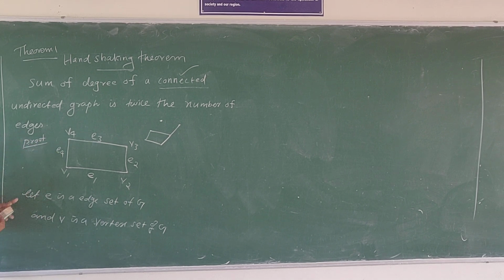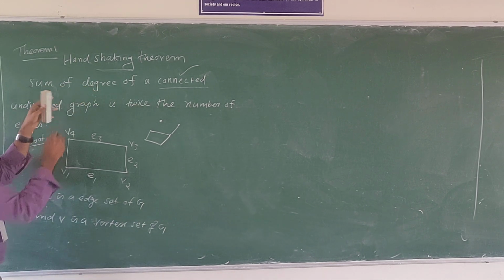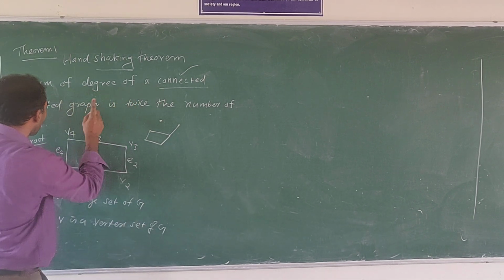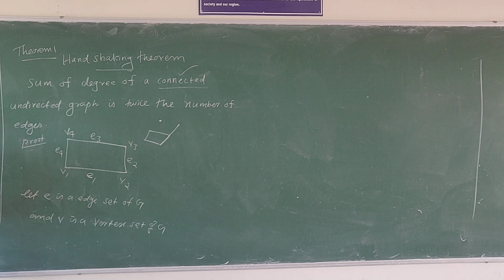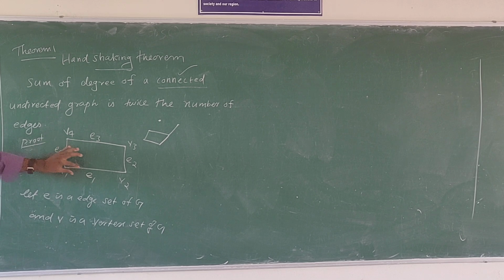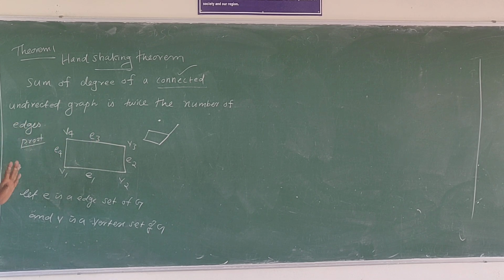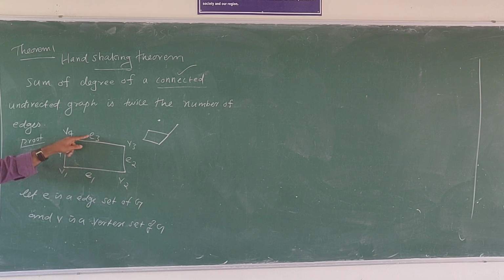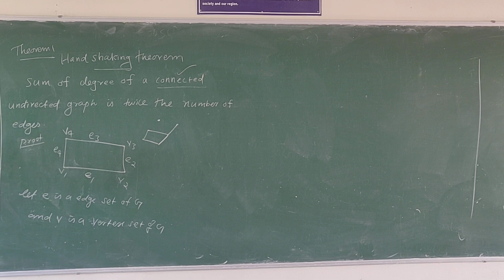Here we have to take the degrees, the sum of degrees of a connected graph. Each and every edge has end vertices. So each and every edge contributes 2 vertices. Is it not? What is E4?